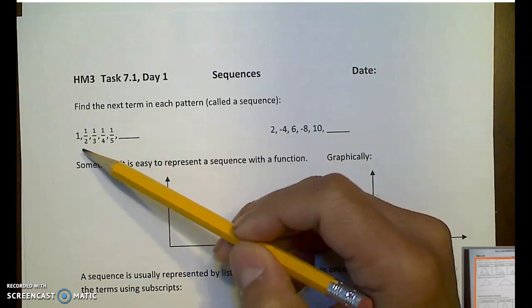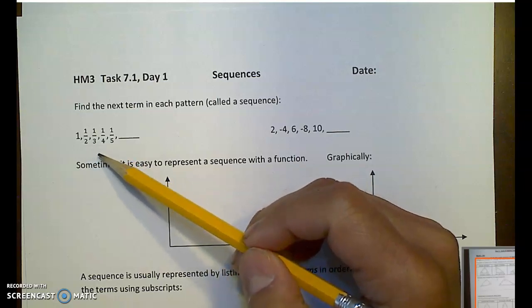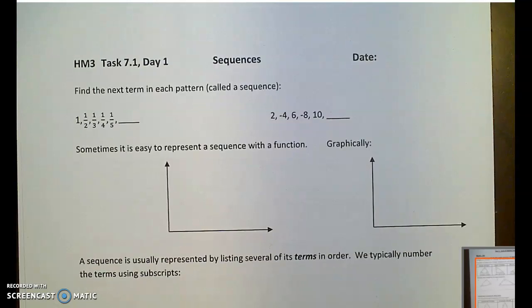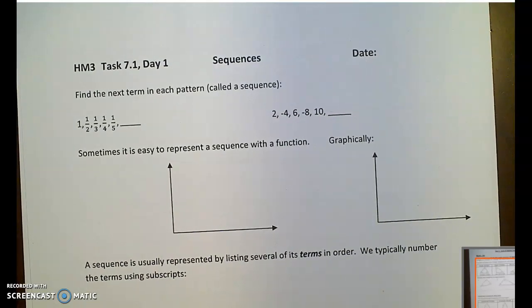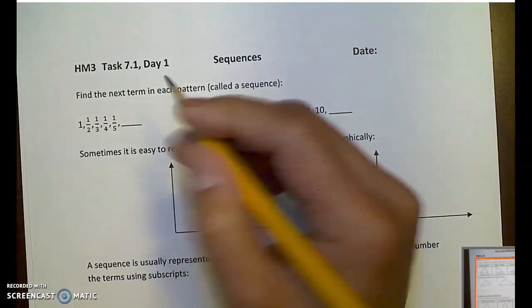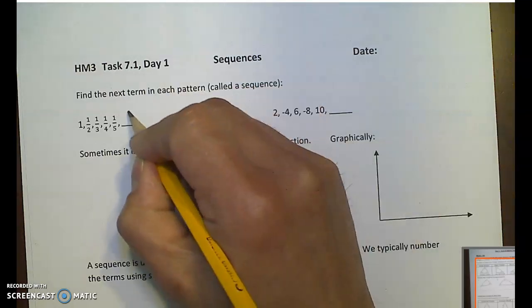So we have, starting with 1, goes to 1/2, 1/3, 1/4, 1/5. I guess what the next term in the sequence is. That's right, Ben. It's 1/6.